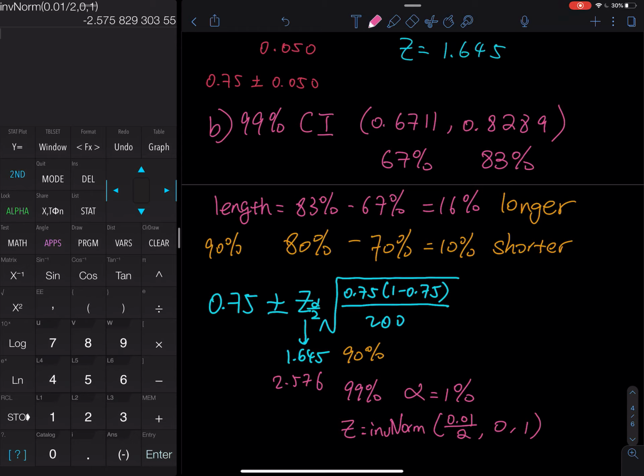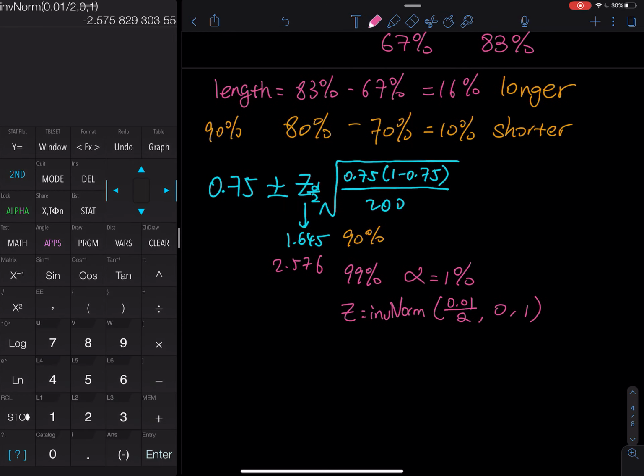So what do you see? Compare the z value. If you use a higher confidence level, you get a bigger z. As a result, you get a bigger margin of error, which is everything on the right hand side of the plus or minus. As a result, you get a longer confidence interval.